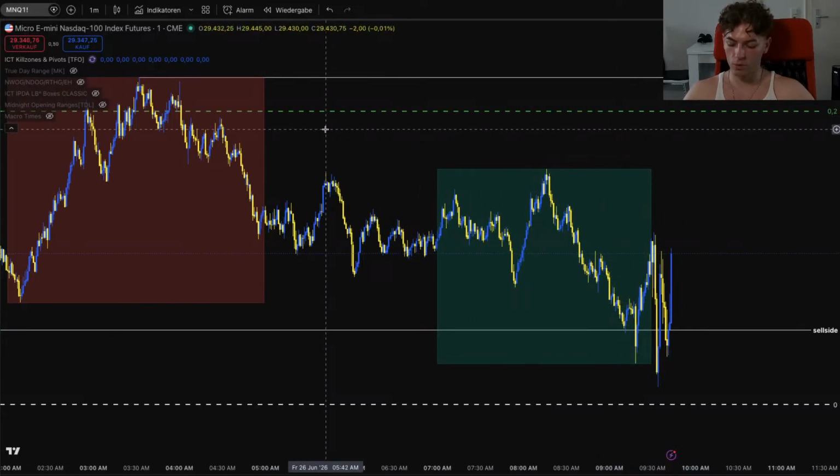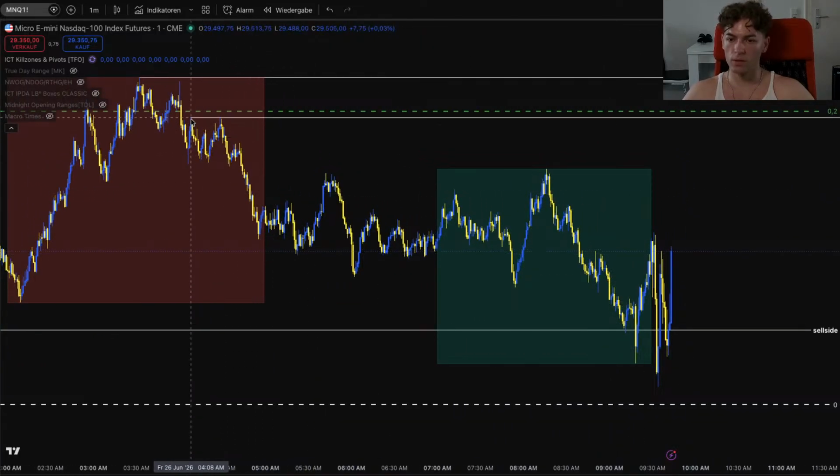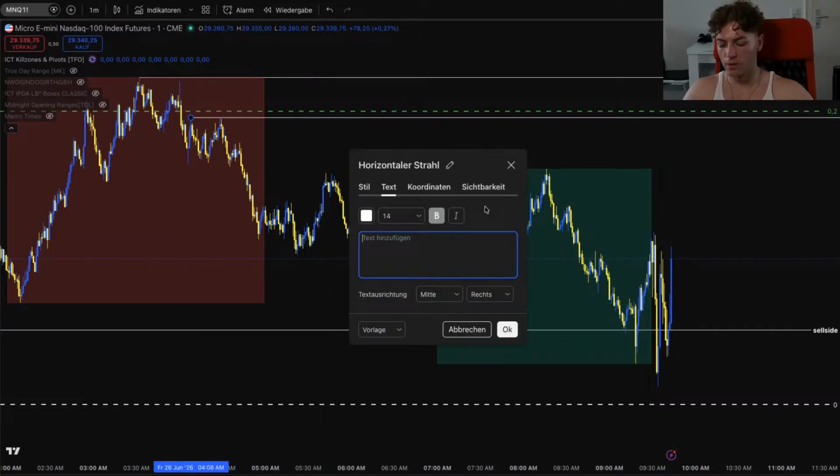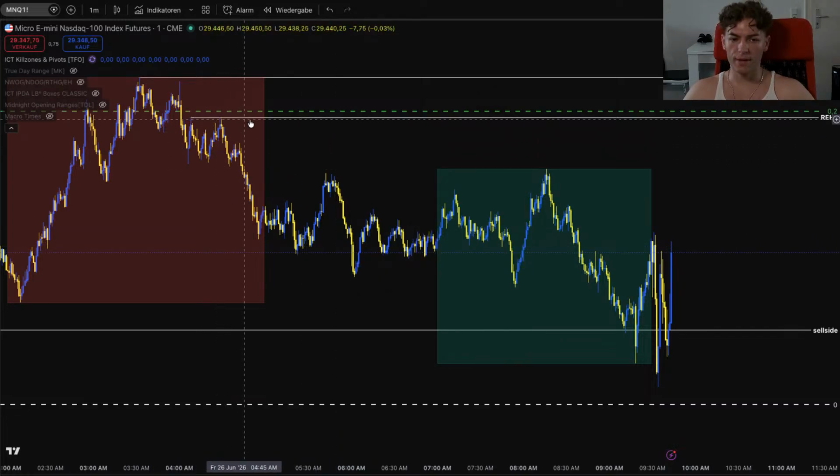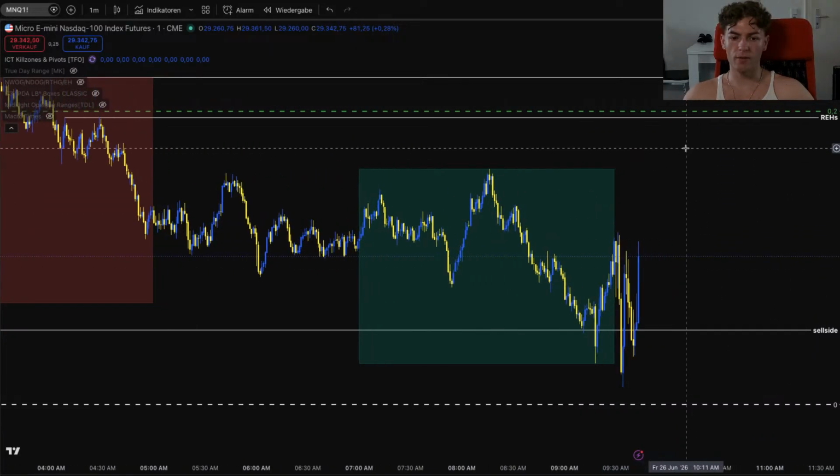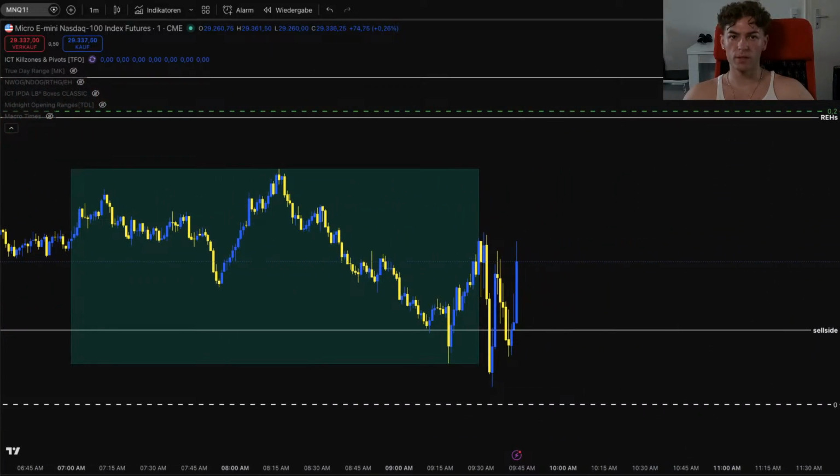Relatively equal lows as well in here, and these relatively equal highs. These relatively equal lows are in close proximity to this 20% TGIF retracement level. And we also have a discount opening range gap. So I'm definitely expecting higher prices.